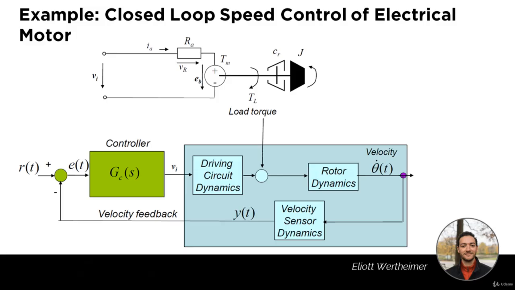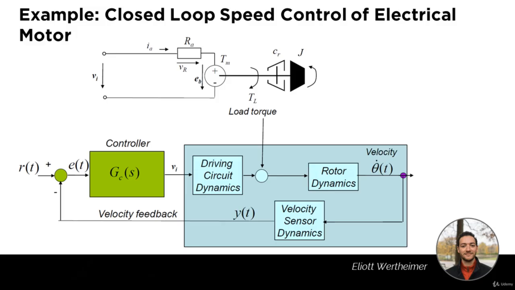We then compute the rotor dynamics to check and anticipate the final angular velocity. We then use sensors to measure that velocity and also take into account the dynamics of these sensors, so the slight corrections that need to be applied to it. The final value is our output Y(t).